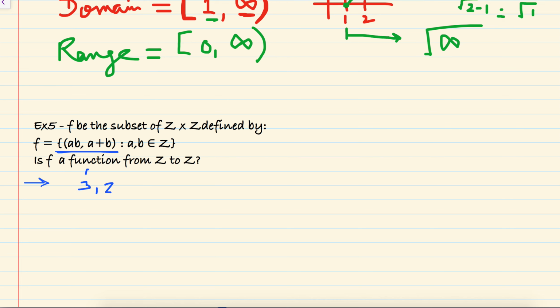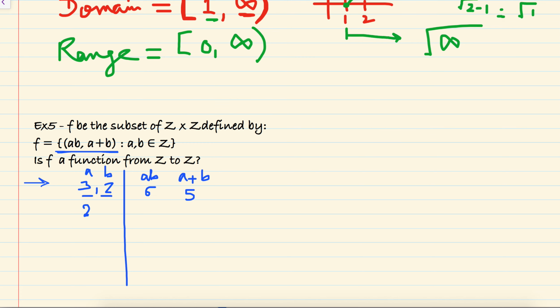A is 3, B is 2. So here we get AB and A plus B. So if A is 3, B is 2, we get AB as 6 and A plus B as 5. If we just flip them, then we get 2, 3 again, 6 and 5, no problems.